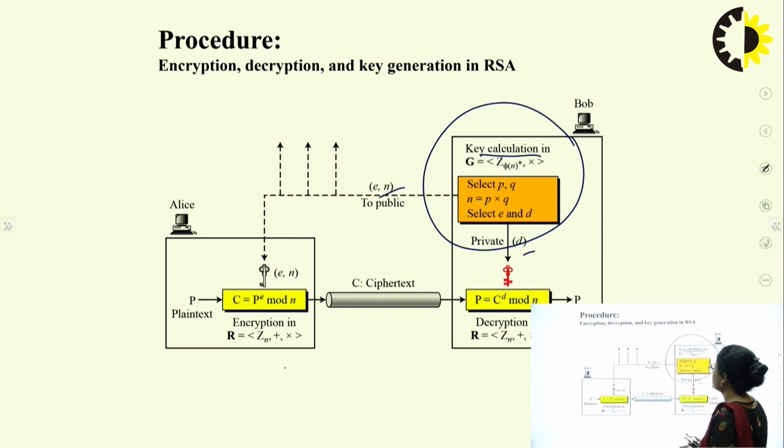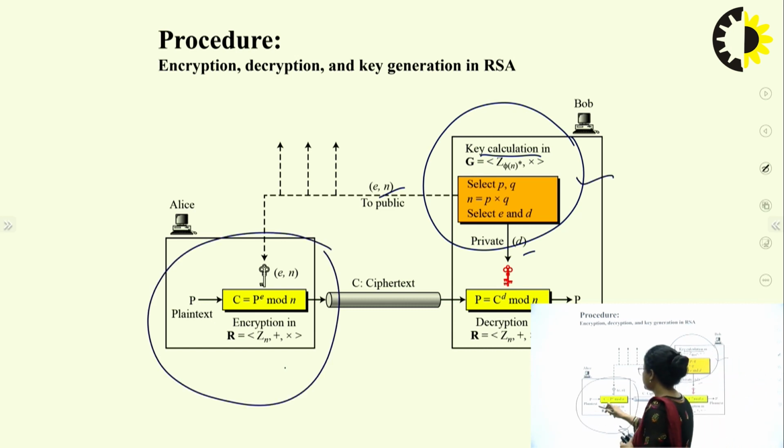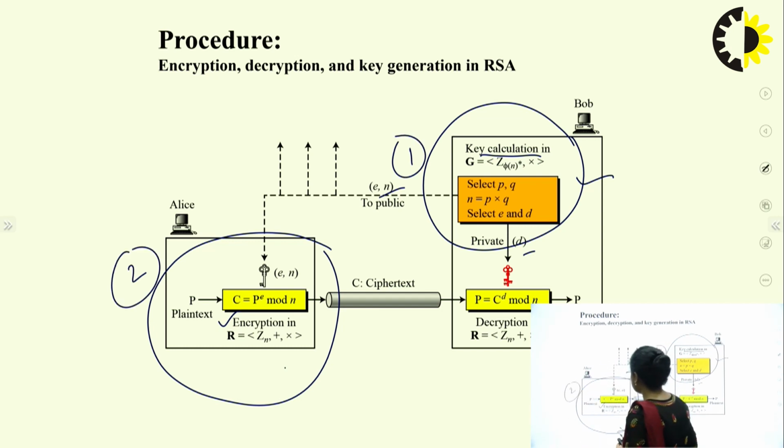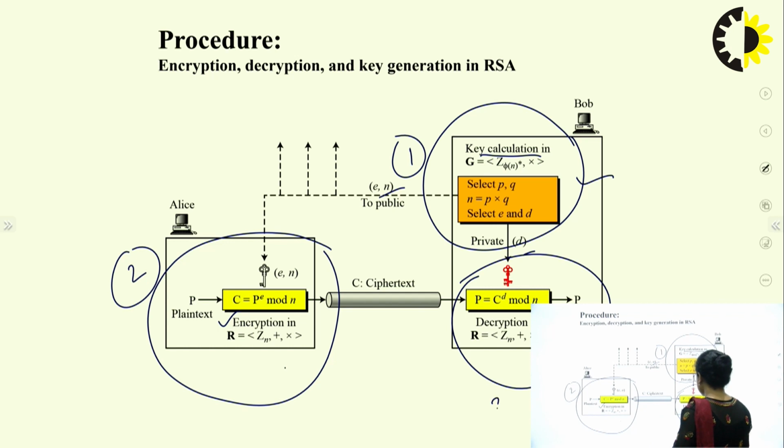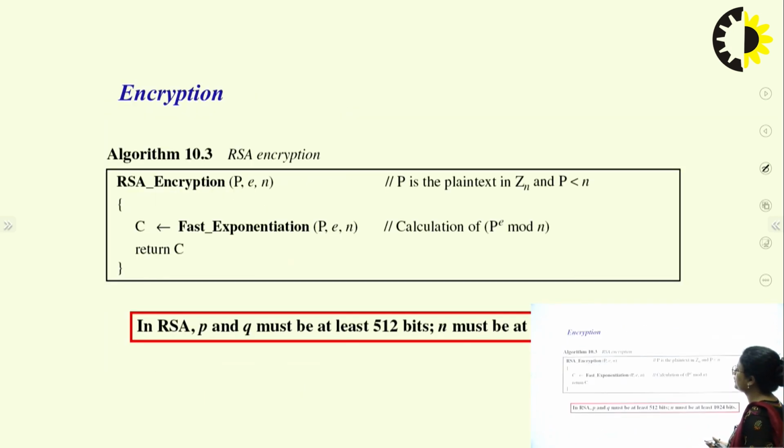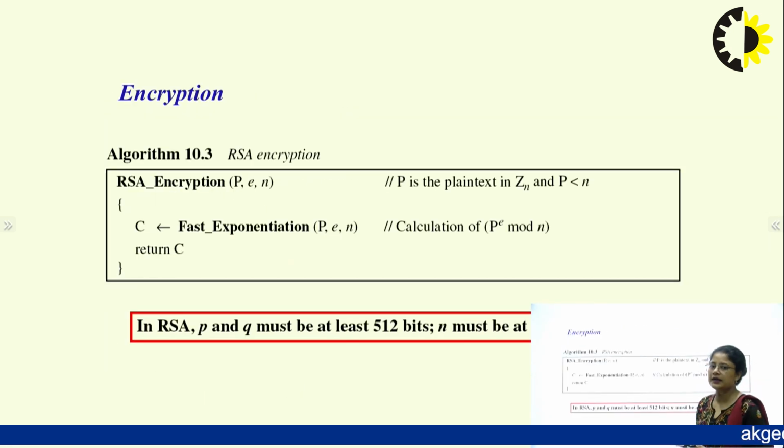Now, once the key generation part is completed, next is how exactly encryption is done. Once the key is generated, next we'll learn about how encryption is done, followed by how decryption is done. So let us come to the encryption part. How does RSA encryption work?